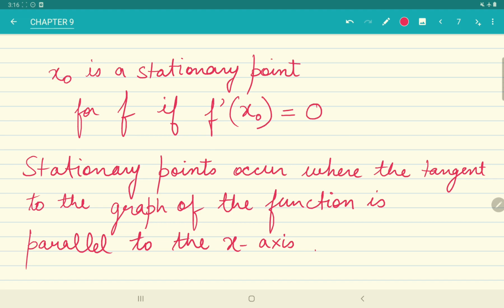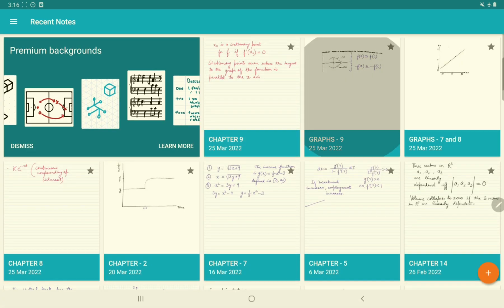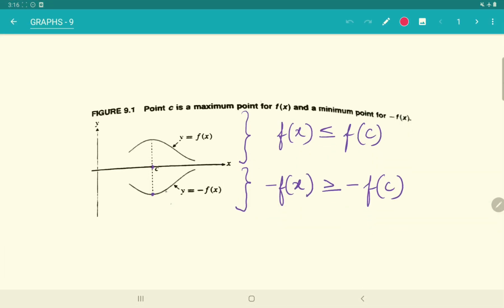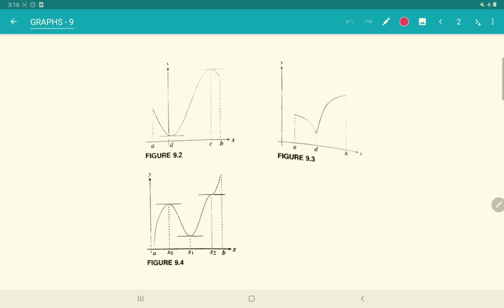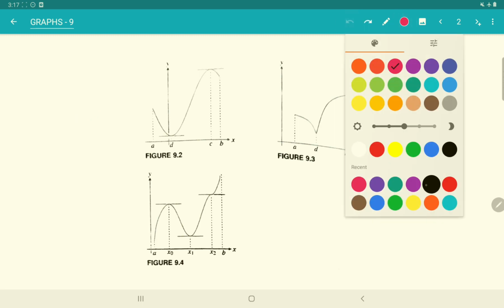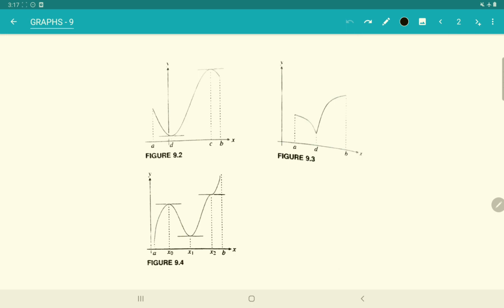If you take a look at this diagram, figure 9.2, we think of the function f having some stationary points.